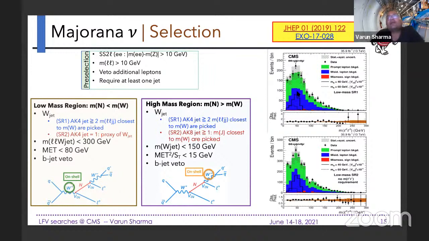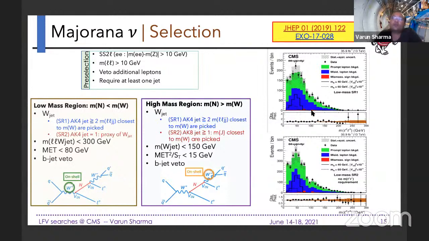As for the leading backgrounds, we have very few backgrounds in this kind of final state. They are broadly categorized into three categories. The green one is the prompt lepton background, which is contributed by the dibosons, mostly ZZ, WW or WZ, while the blue is the misidentified lepton background, which is dominantly contributed by V plus jets and some other small contributions.